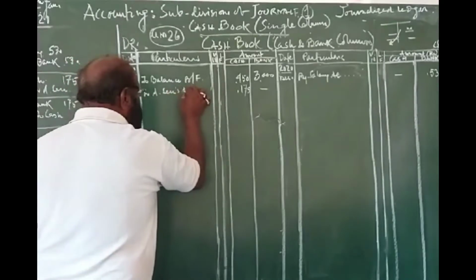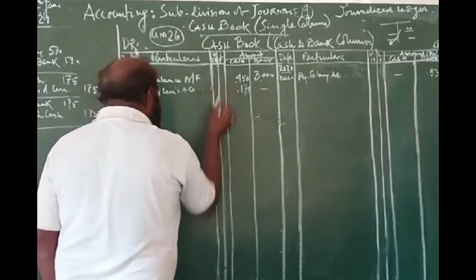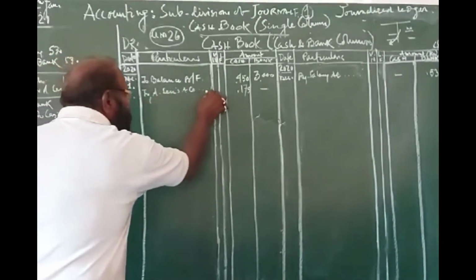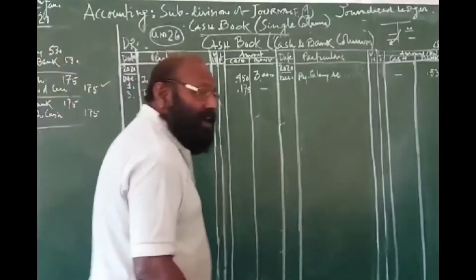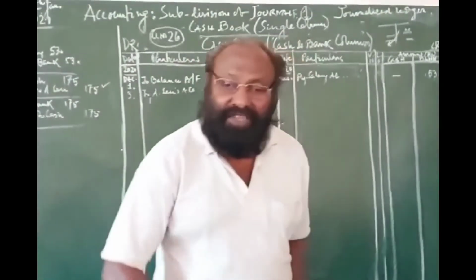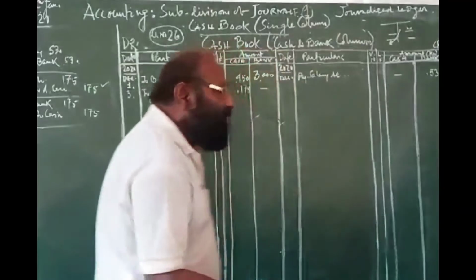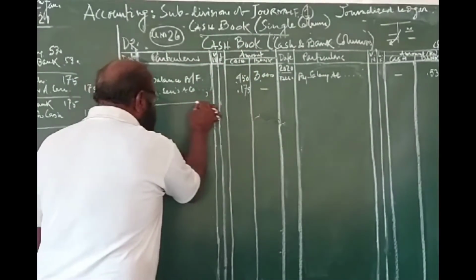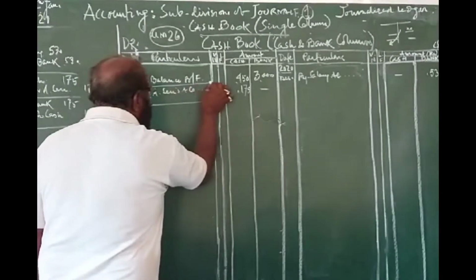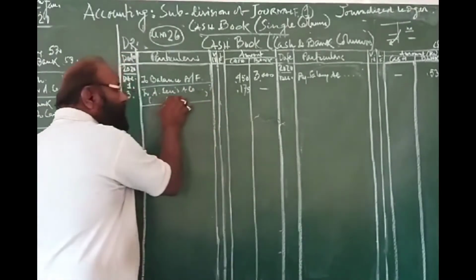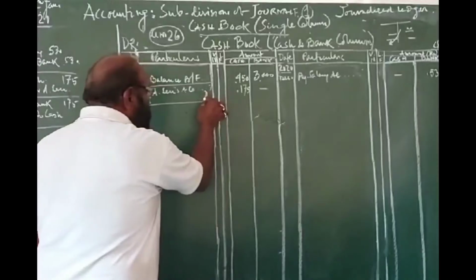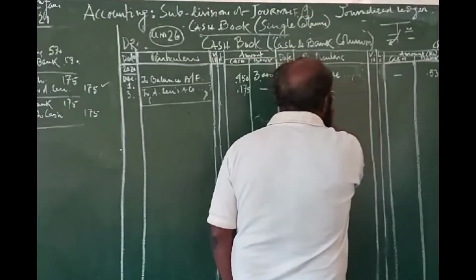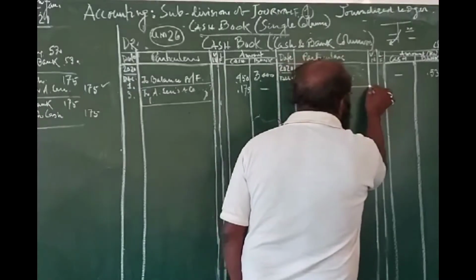Now, what should be the narration? Being the amount received from Shen. Please write it in your copy, since the space is very low and I am not writing it.